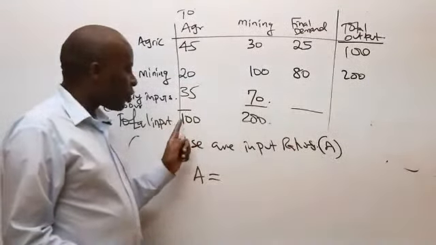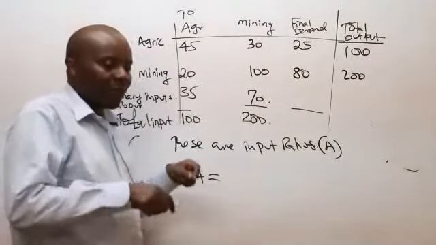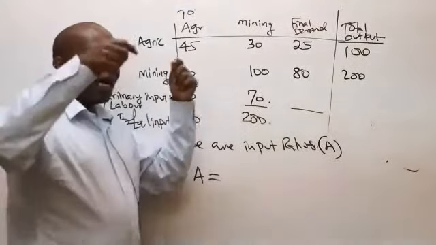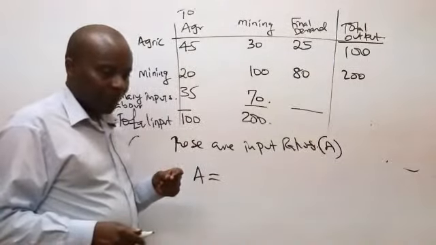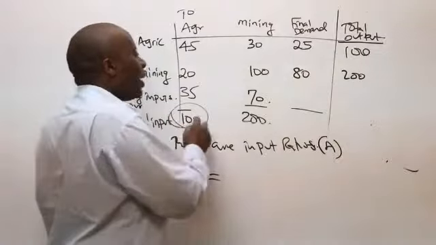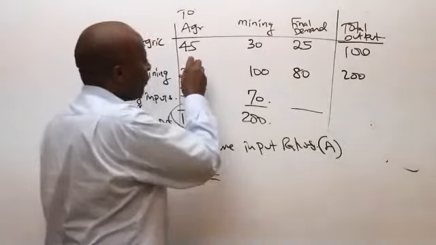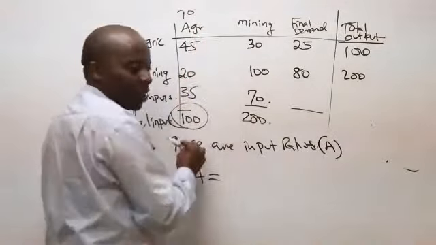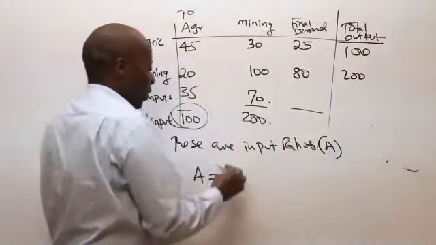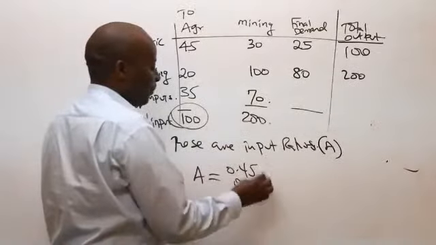Remember, we must first start by planting and then we harvest, so the input is a benchmark. Here we normally go down. So the input ratios of agriculture: this will be 0.45, this will be 0.2.